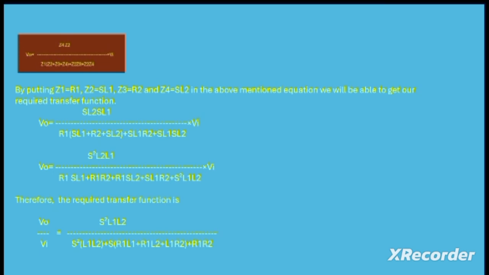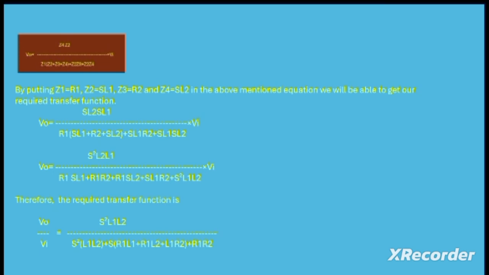The equation is: Vout, our output voltage, equals the numerator Z4 multiplied by Z2 multiplied by Vi, and our denominator is Z1 multiplied by (Z2 plus Z3 plus Z4) plus Z2 multiplied by Z3 plus Z2 multiplied by Z4. Now we will put the values in this equation in order to find the transfer function of the second order RL circuit.